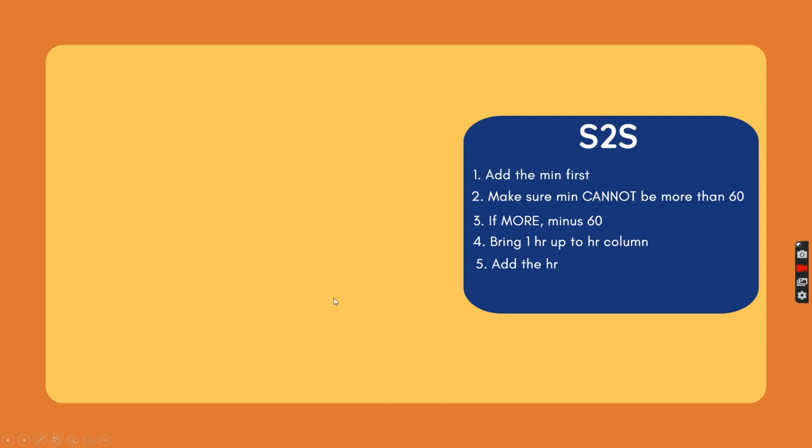Okay? So now it's time for you to try 2 hours 45 minutes plus 5 hours 25 minutes. A little advice for you is you do this step by step. Just follow the S2S, especially when it is more than 60.